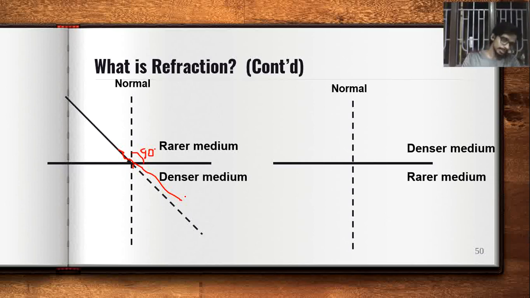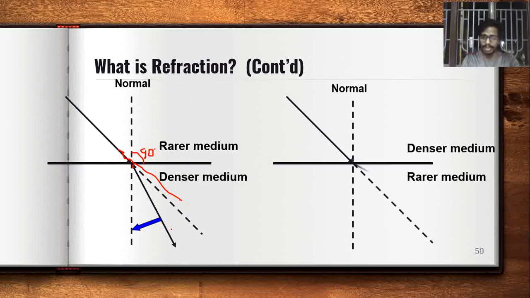Now the light is moving towards the normal. So this is the light. This is the path of the light in the denser medium. Similarly, in the case of when light travels from denser medium to rarer medium, now instead of following the same path, light is moving away from the normal.